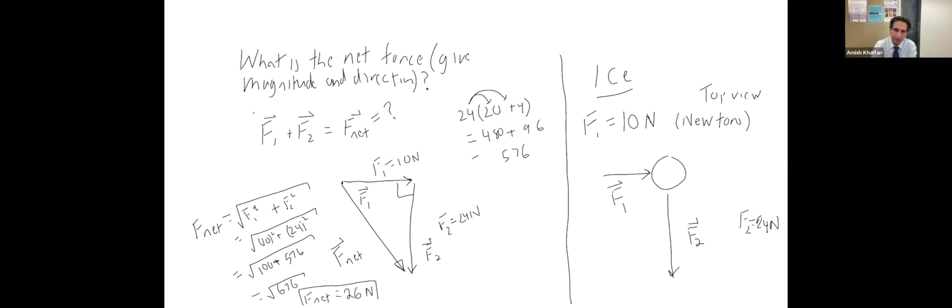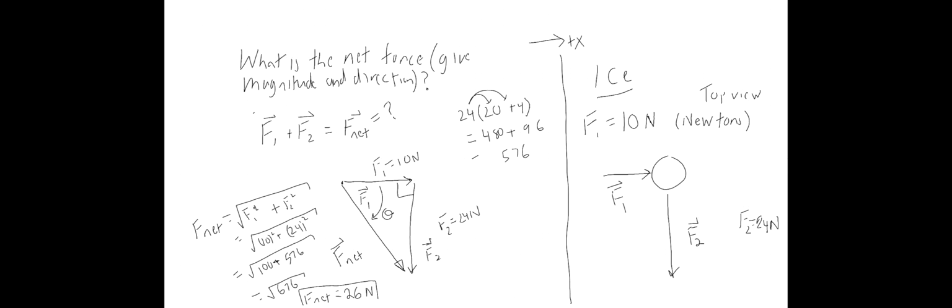I need a direction, so maybe I want to find this angle here. Right, so this angle would be south of east, okay, or below the positive x direction, if positive x is lying to the right. So can somebody tell me how to obtain the direction? How do I get the angle theta? Would that be using the tangent?